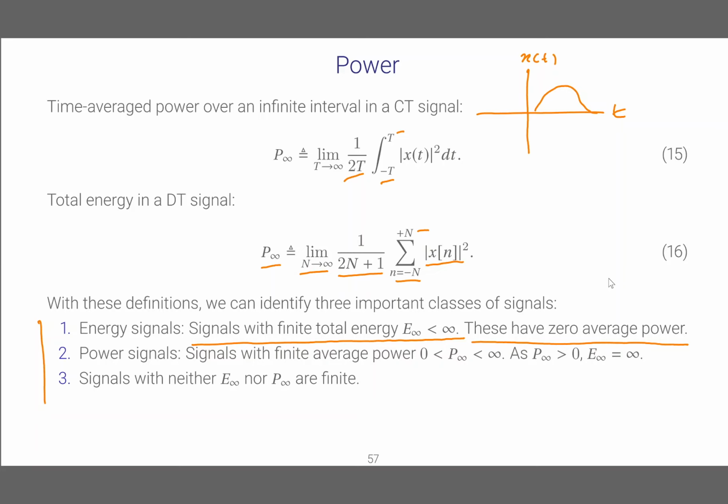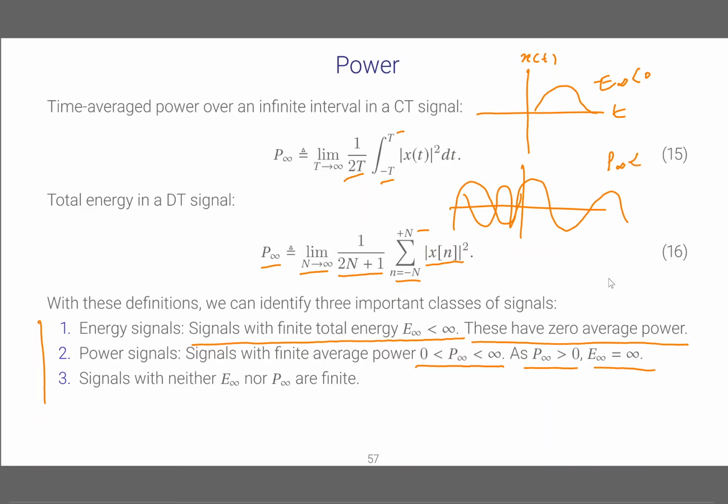Power signals are signals with finite average power, P infinity less than infinity and greater than 0, and E infinity is infinity. So if you take a periodic signal like a cosine, horrible cosine, I'm sorry about that, then this is a power signal. Aperiodic signals like a pulse are energy signals, and these are power signals.